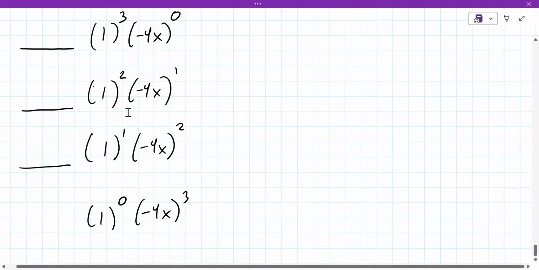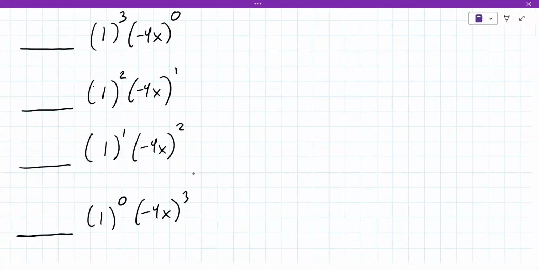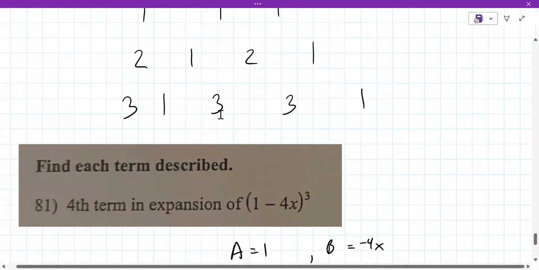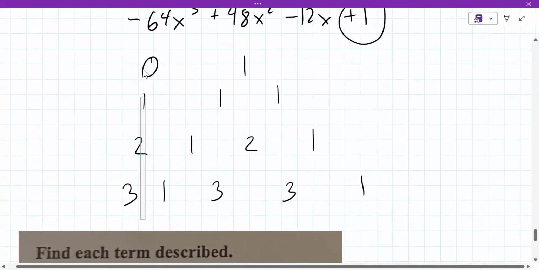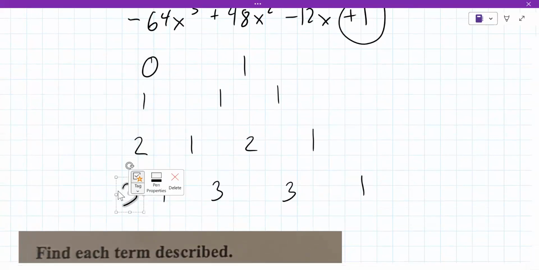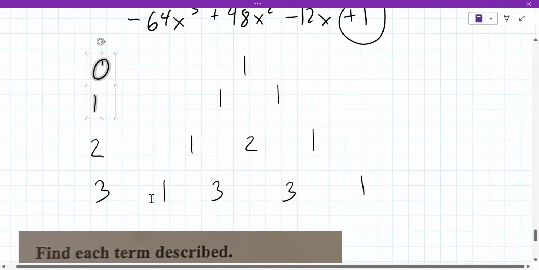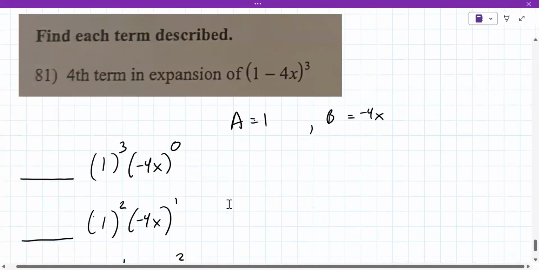Another thing you notice here is the 3, 2, 1, 0 are going down, 0, 1, 2, 3 are going up. And then you're like, well, what's going to go in this front position? Pascal's triangle. So try to move these numbers over. They're kind of unclear. You're going to use these coefficients 1, 3, 3, 1.